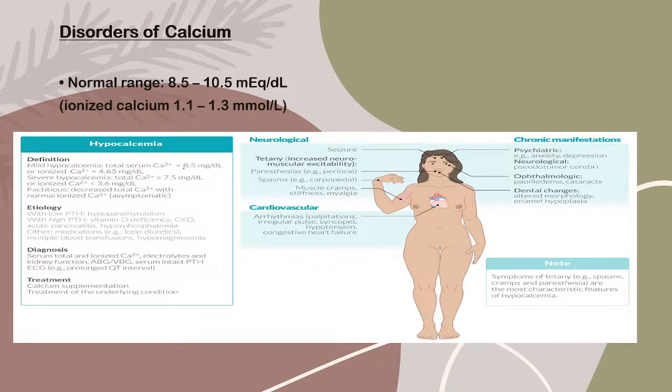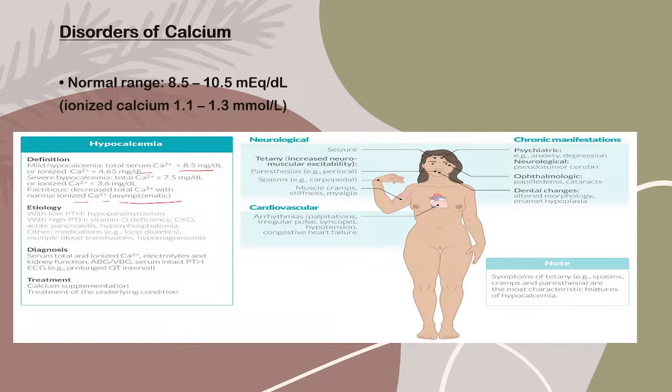Mild is total calcium less than 8.5 milligram per deciliter, or ionized calcium less than 4.65 milligram per deciliter. But in severe hypocalcemia, total calcium is less than or equal to 7.5 milligram per deciliter, and ionized is less than 3.6 milligram per deciliter. Another classification is factitious, that is decreased total calcium with normal ionized calcium.